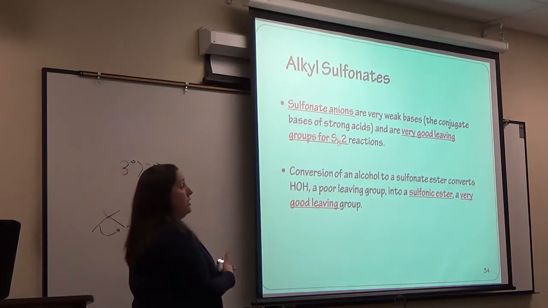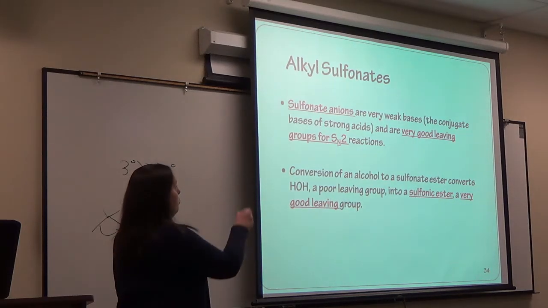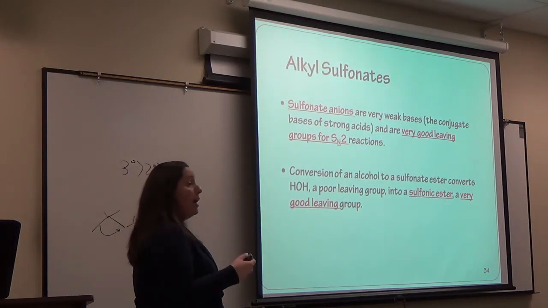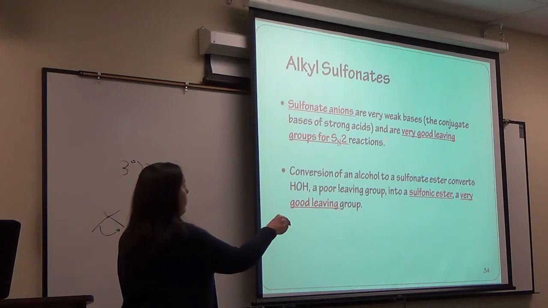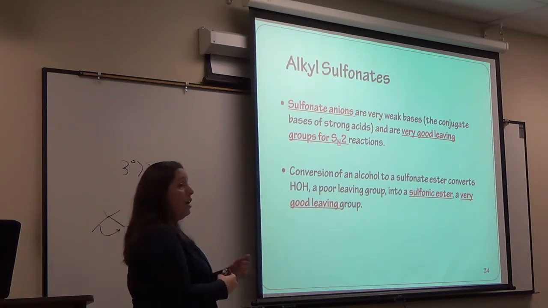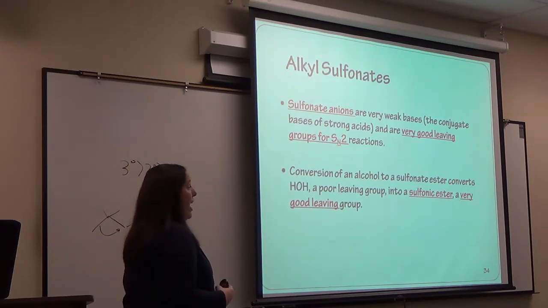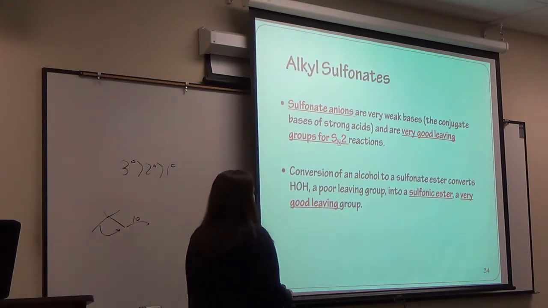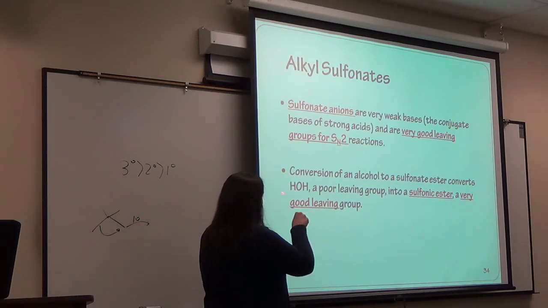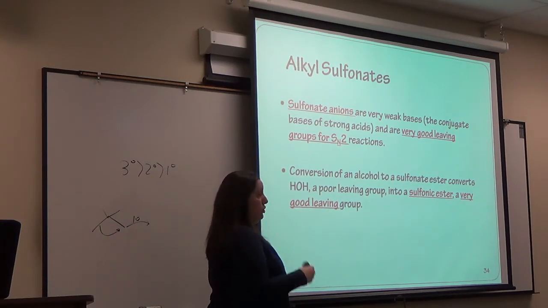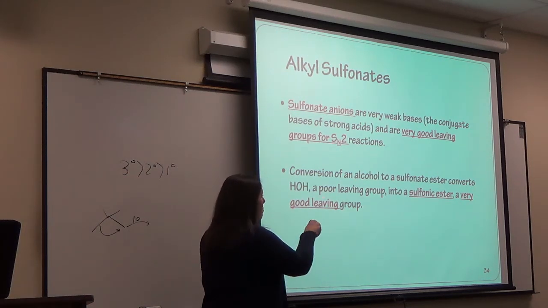So this is just a summary of what I just said. When you create those sulfonate ions, you create a very good leaving group, especially for SN2 reactions. So you can couple with a good nucleophile and you get a fast reaction. That's really good. And just comparing it to water, which is what you get from that protonation step, this is a poor leaving group.